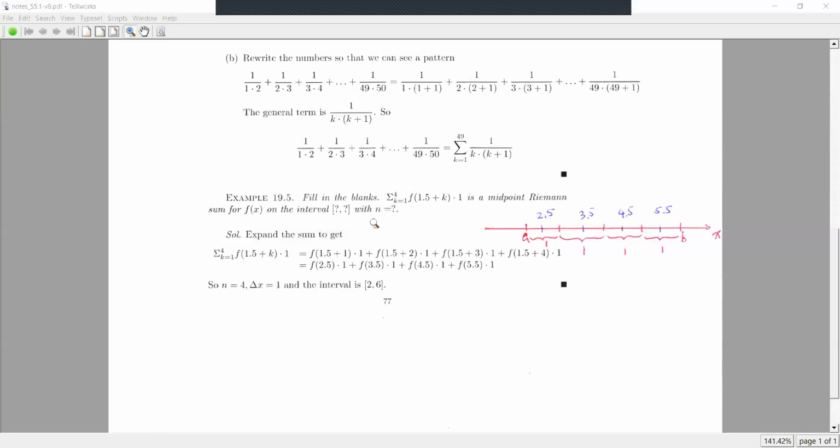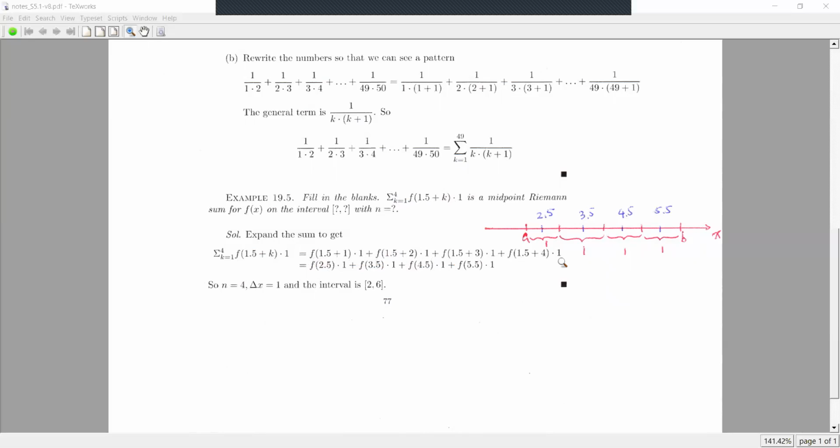Okay, first, let me expand this sum. When this sum has 4 terms, from 1 to 4, 4 numbers, so 4 terms. When k is 1, then I get first term. When k is 2, f of 1.5 plus 2, then I get second term. When k is 3, third term.